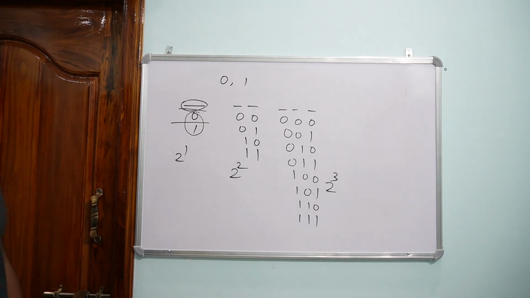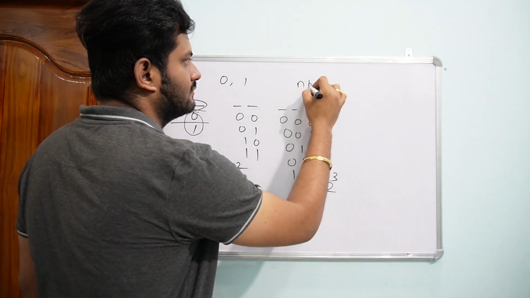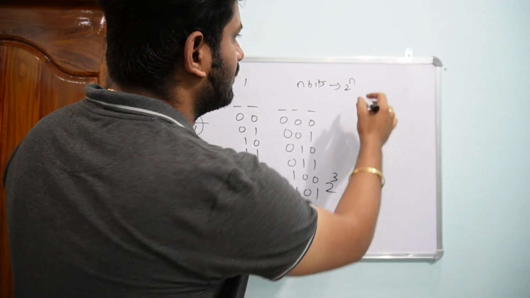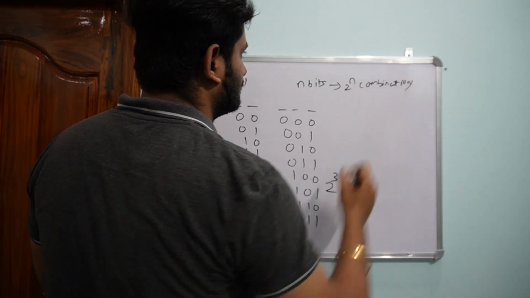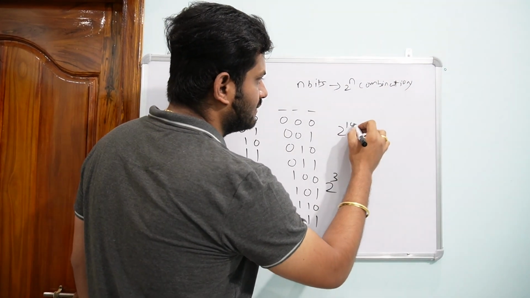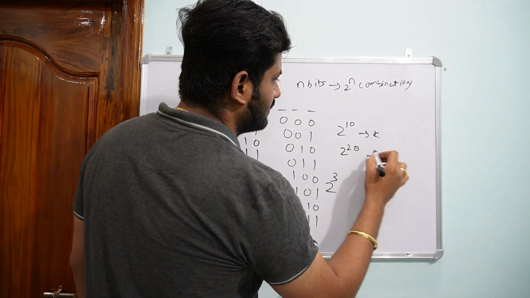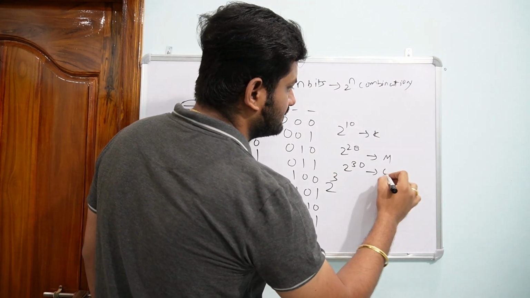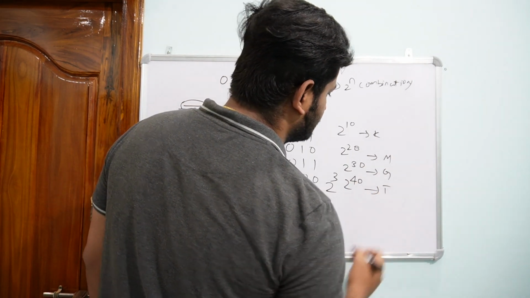So for n bits you can generate 2 power n combinations. And you know that 2 power 10 is K, 2 power 20 is mega, 2 power 30 is giga, 2 power 40 is tera.